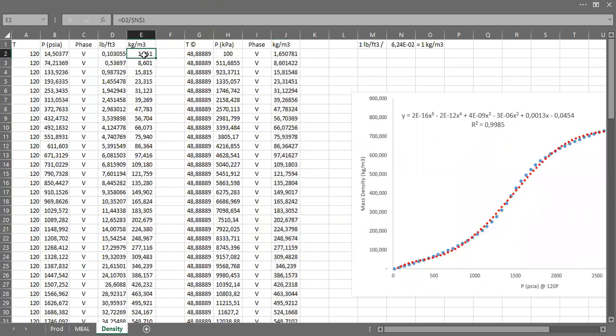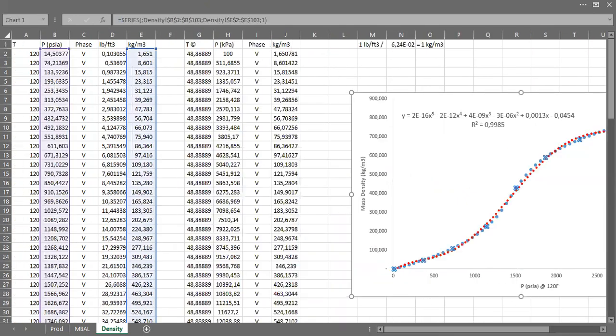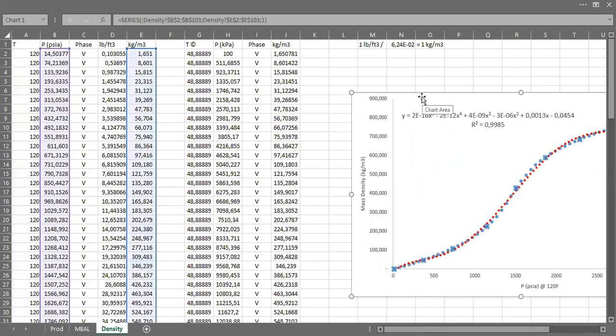Okay, so now I get my mass density as a function of pressure. Here, I get the results in points, but I can also generate the correlation using regression, using trend lining in my Excel spreadsheet. So I get this function.